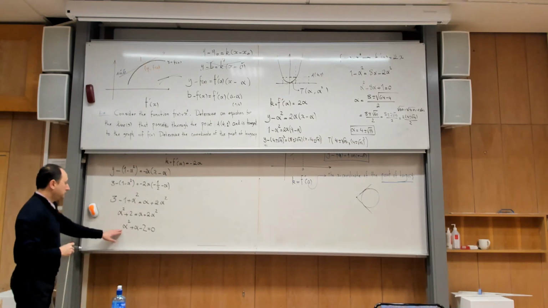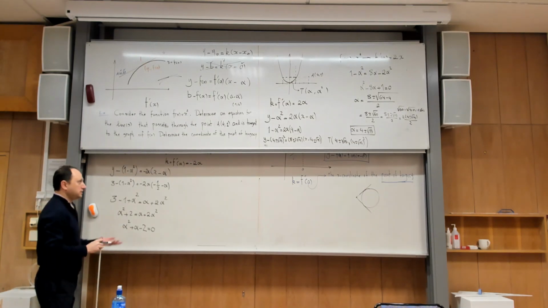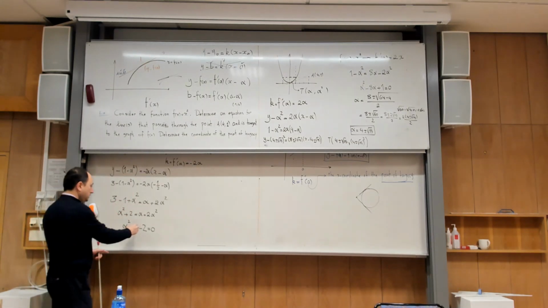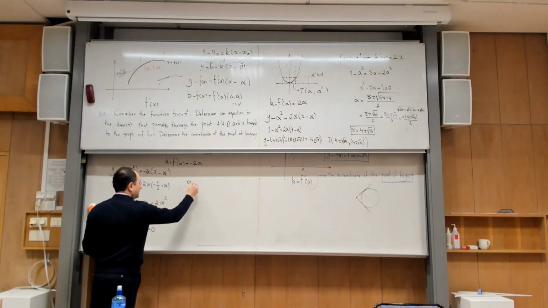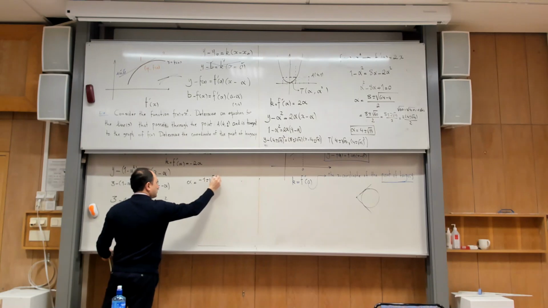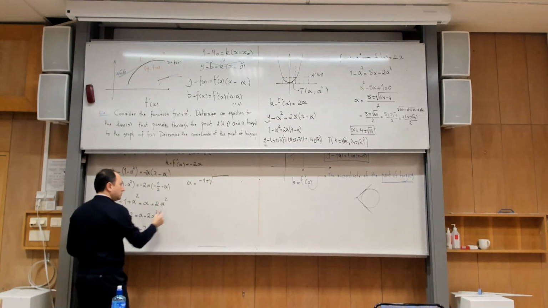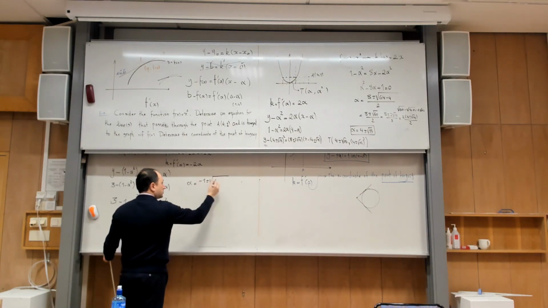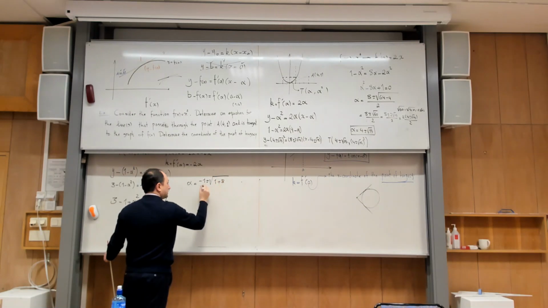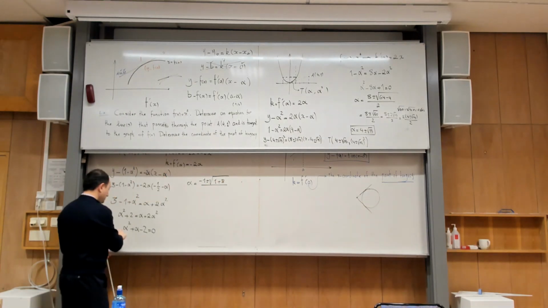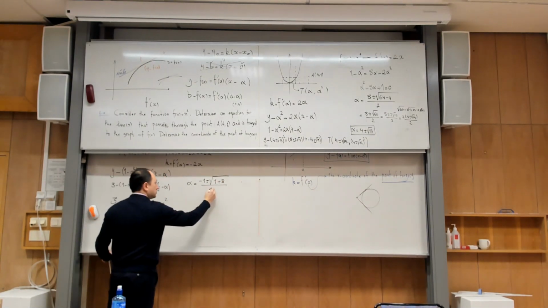And this is the equation that I got before, but the numbers were actually a little bit nasty. But now the numbers, as you see, they are nice. But the problem is the same. Yes. So here, if you calculate this, alpha becomes minus b plus or minus square root of b squared, which is 1, minus 4 times a times c, which is 8, divided by 2 times 1, which is 2.